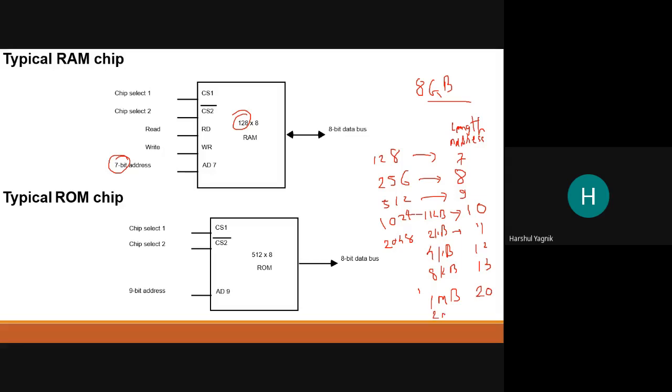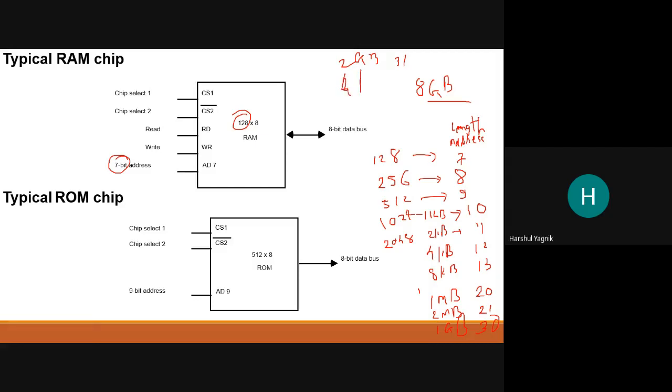For 2 MB, the address would be of 21 bit. For 1 GB, 30 bits are required. For 2 GB, 31 bit memory address.